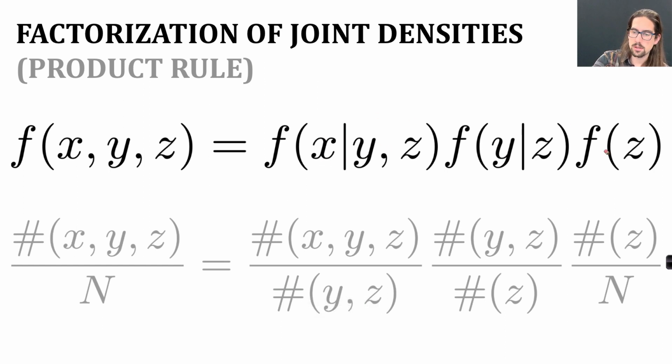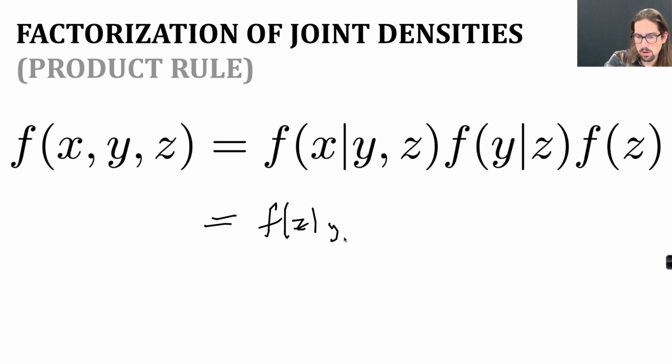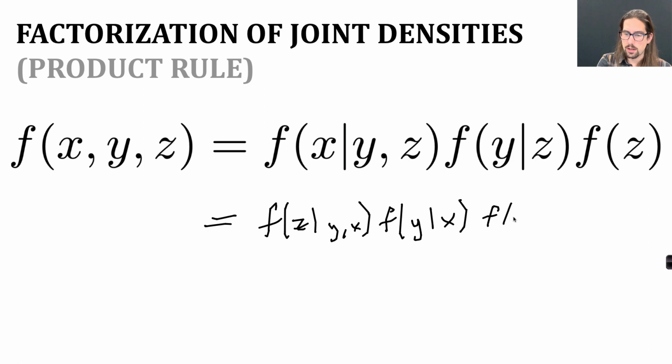You can always do it, and so you end up with multiple possible factorizations. So I could say this is also equal to the conditional density of z given y and x, times the conditional density of y given x, times the marginal density of x.